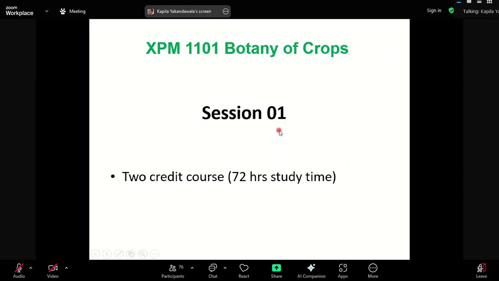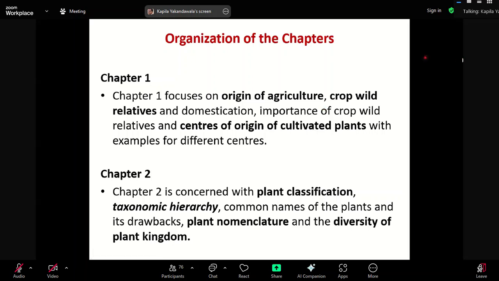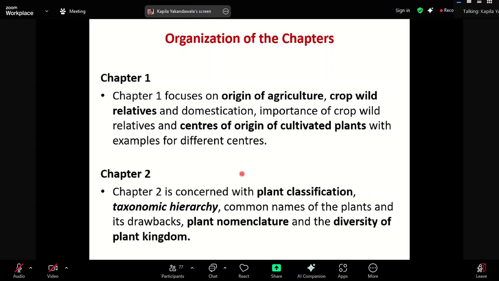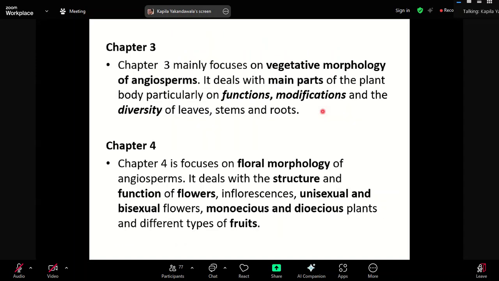This is a 2 credit course, and I'm not going to give details of the chapters. Chapter 1 deals with the origin of agriculture, wild relatives, then centers of origin of cultivated plants, etc. The second chapter deals with plant morphology.